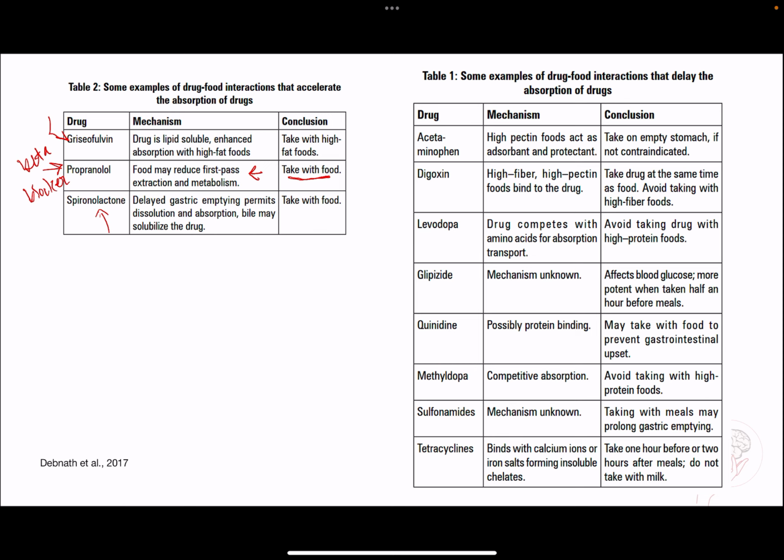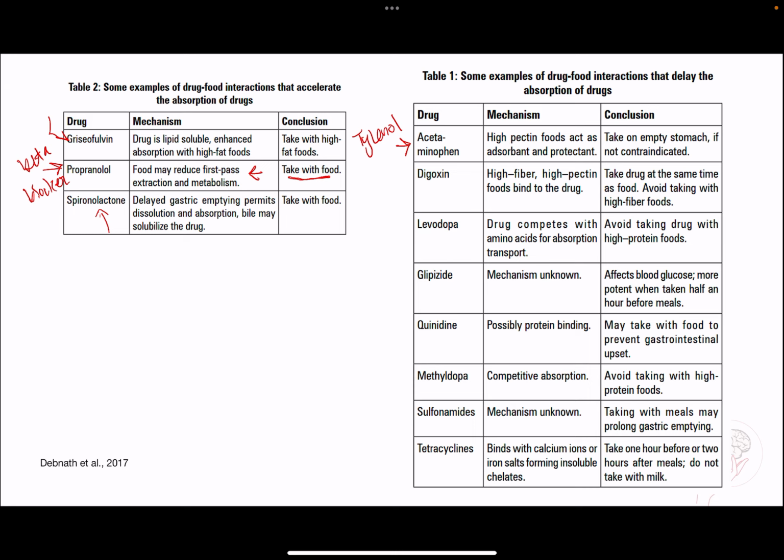Some examples of drug-food interactions that delay the absorption of drugs. Acetaminophen, which is Tylenol: high pectin foods can act as an absorbent and a protectant. So it's recommended to take Tylenol on an empty stomach if other contraindications don't exist. Similarly, like we talked about, we see levodopa.